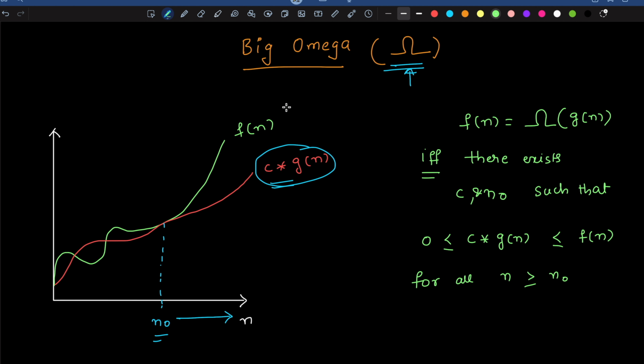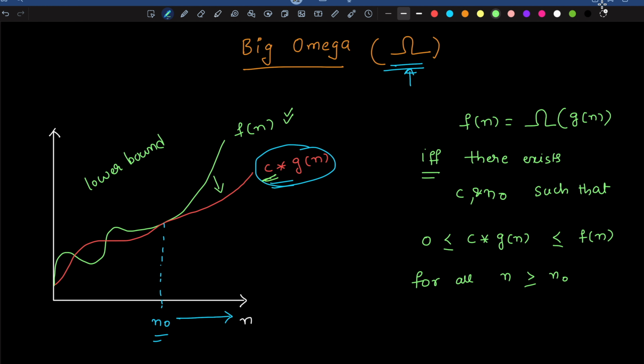So this means my f of n is always a constant multiple of g of n for sufficiently large n, right? So here you can say that f of n is always going to be greater than c into g of n, or I would say f of n has a lower bound of g of n with some constant c.